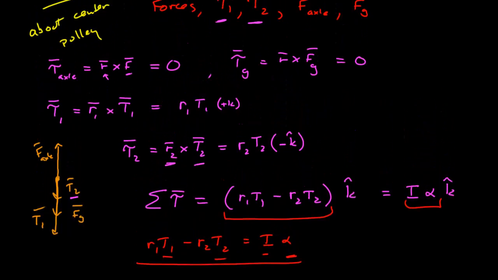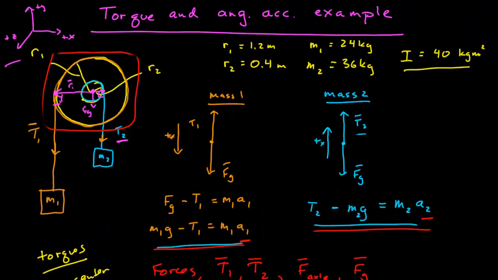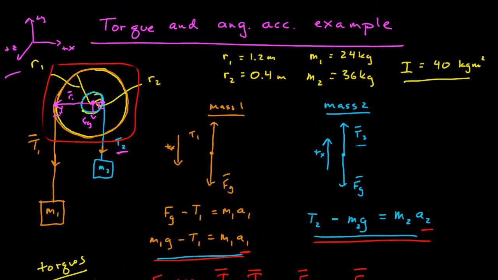Well, I go back and use what I know about rolling without slipping. I don't have a cylinder rolling without slipping along the ground, but I have a rope, and my rotating cylinder is rolling without slipping, given that my rope is not slipping along the object.